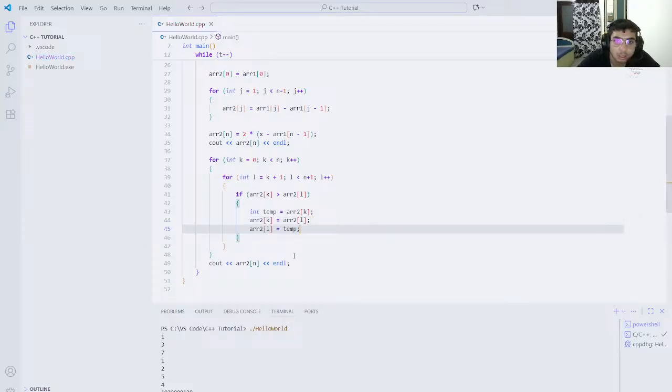Let's do it according to that, because there might be something.